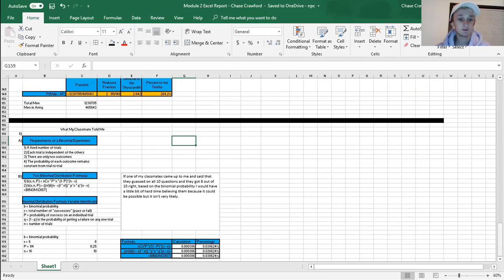So if you put the numbers into the binomial experiment, then you get the percentage of 0.03%.